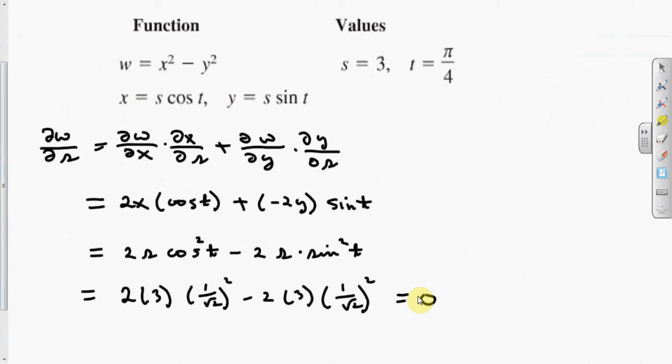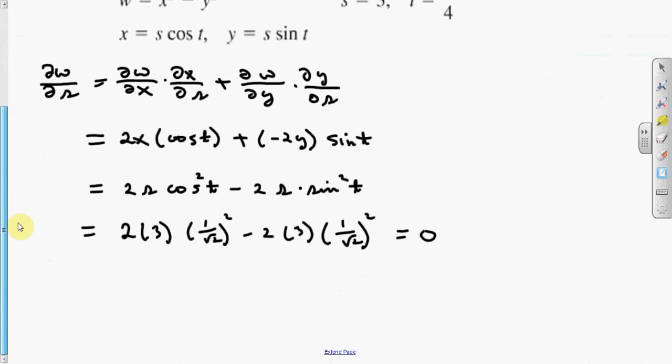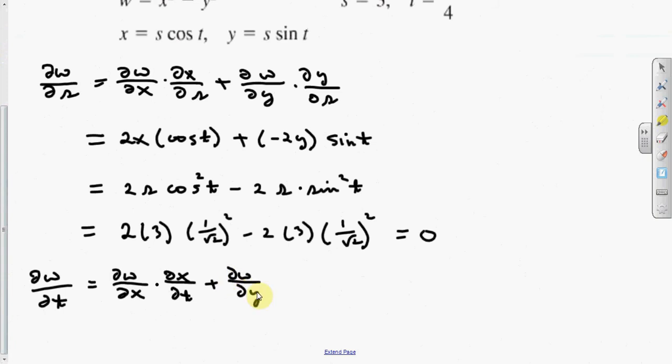Now let's see what happens when we find the partial of w with respect to t. The formula is the partial of w with respect to x times the partial of x with respect to t plus the partial of w with respect to y times the partial of y with respect to t.